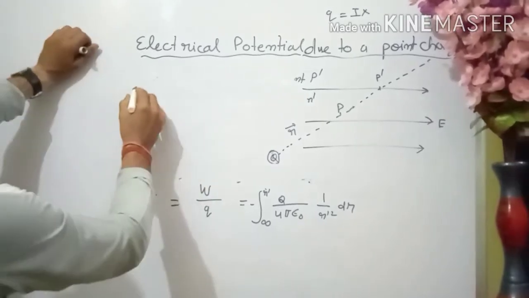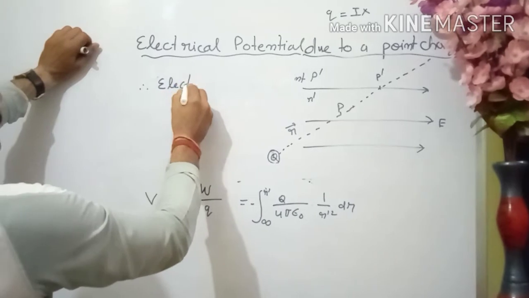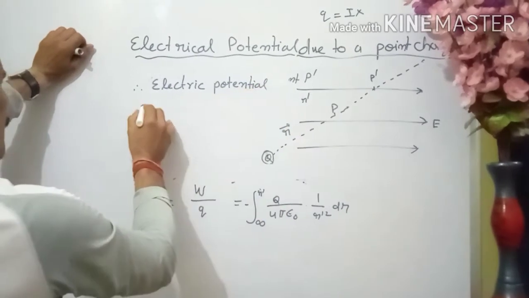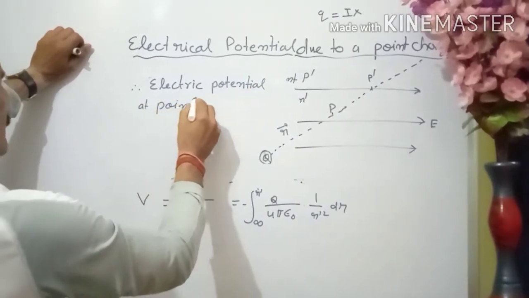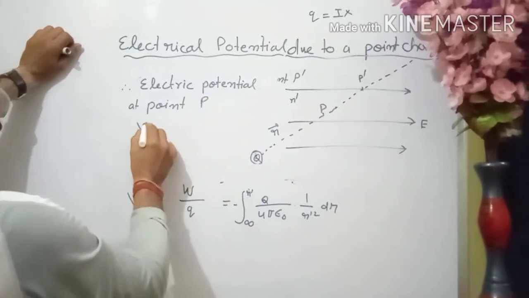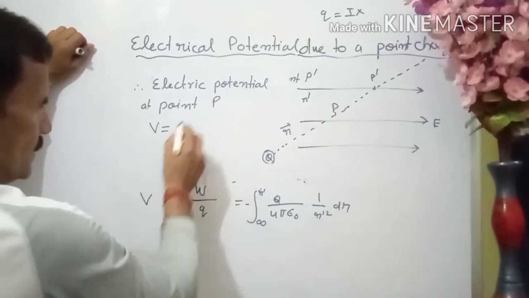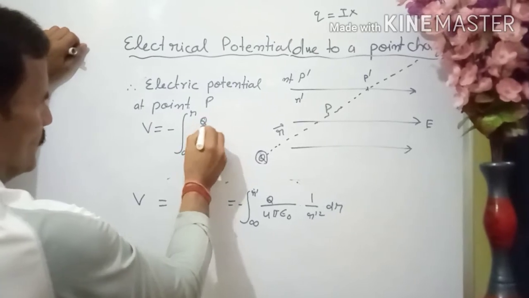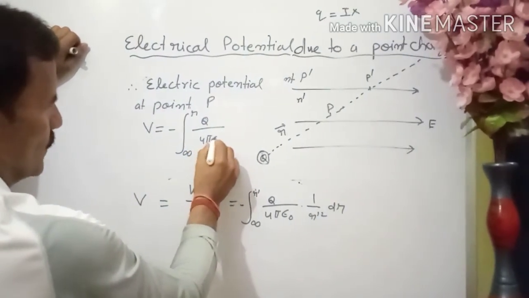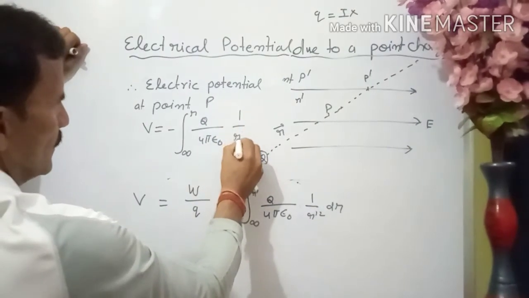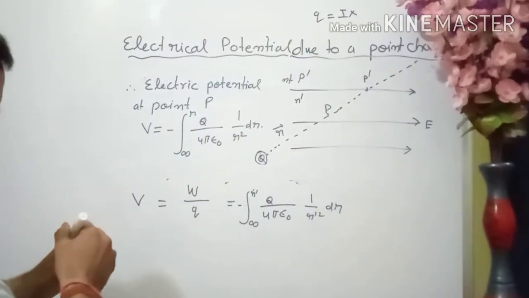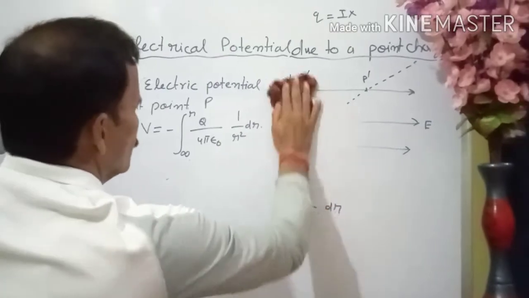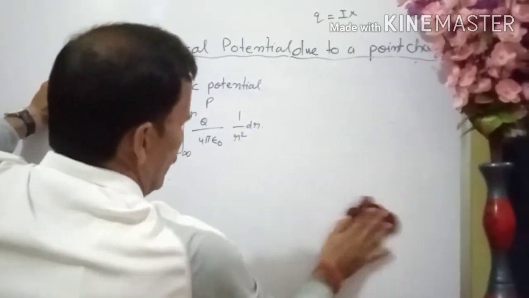Therefore electric potential at point P, that is V, is equal to minus integral from infinity to r, and the amounts will be same because Q is same, and only the distance changes, that will be 1 upon r square into dr. Now integrate it, so you will get the formula required.